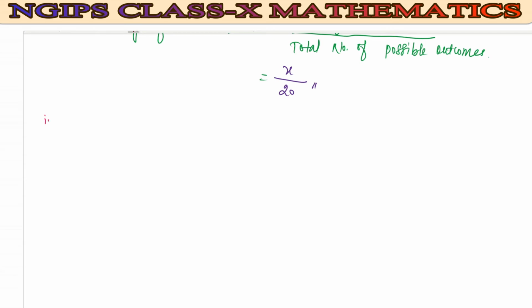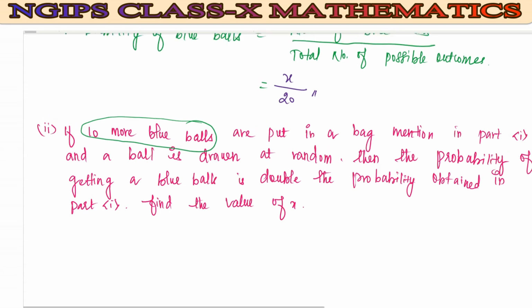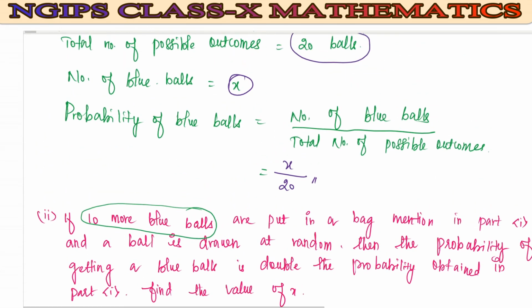Second sub question: if 10 more blue balls are put in the bag mentioned in part 1. If you look at the first sub question, the total number of possible outcomes is 20. In these 20 balls I am going to add 10 more blue balls.